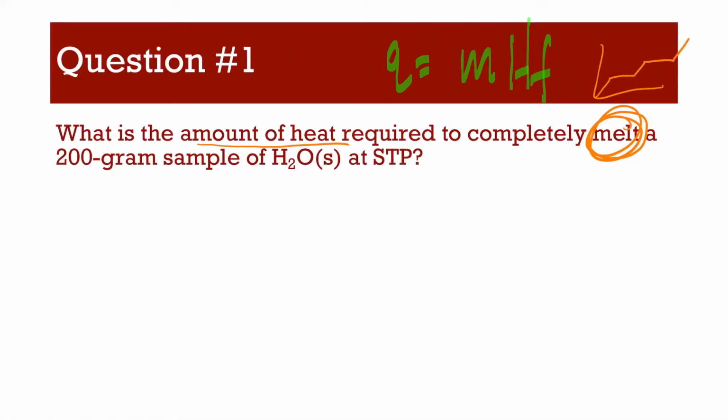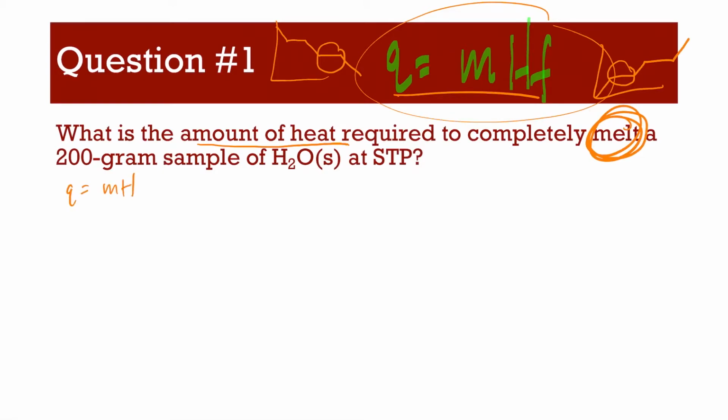Remember, on your heating and cooling curve, or if we do a cooling curve, melting occurs right there, that lowest flat point. And so that's how we know we need the heat of fusion. So heat of fusion is used for melting and freezing. So that's how we know we're using this equation. Q equals mHf. So Q equals, M equals, Hf equals.